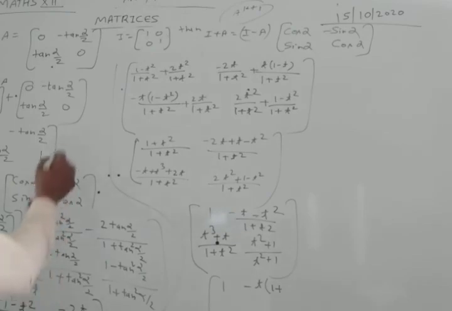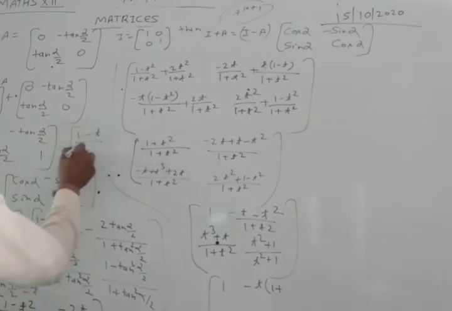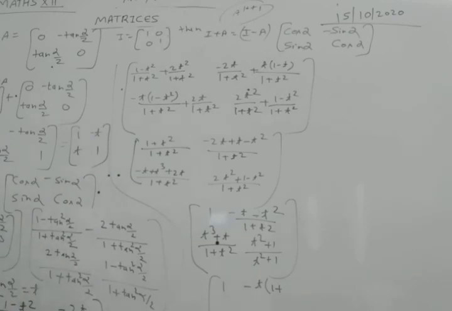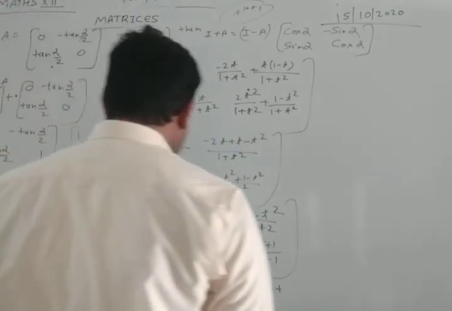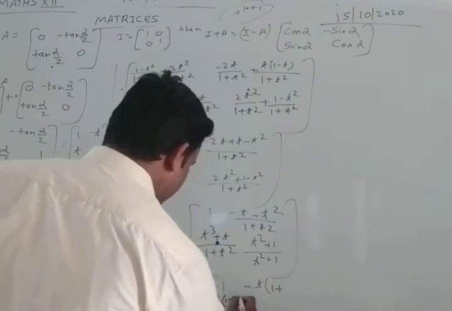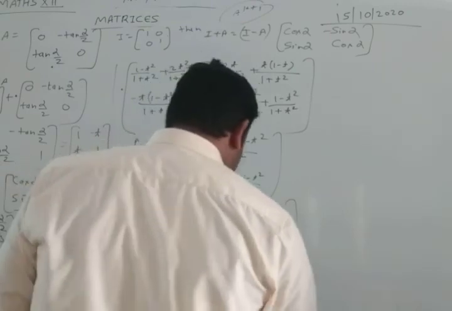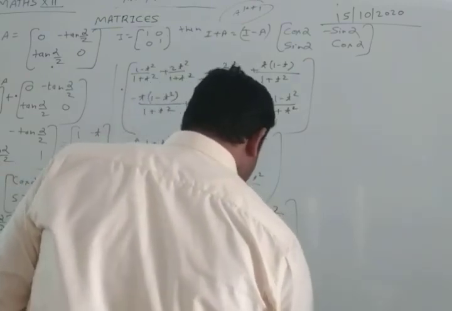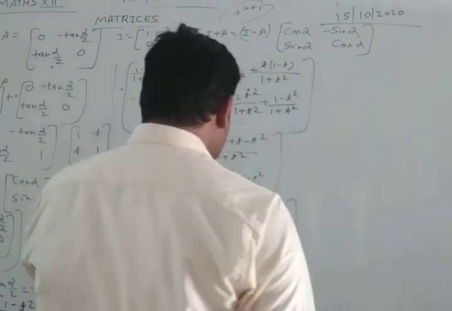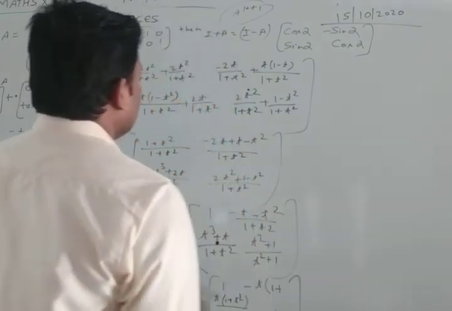What we have to prove is that this can be 1 minus t on 1 minus t and this t and 1. Okay, so here this is t, 1 plus t square by 1 plus t square, and this is 1 here, and minus t plus t square. Take the LCM.